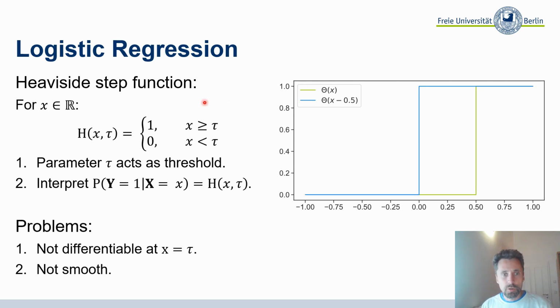And usually we have a way of controlling the location of the jump of the step with this parameter tau. So any x will be compared to tau, and larger x's will then result in ones and zeros otherwise.